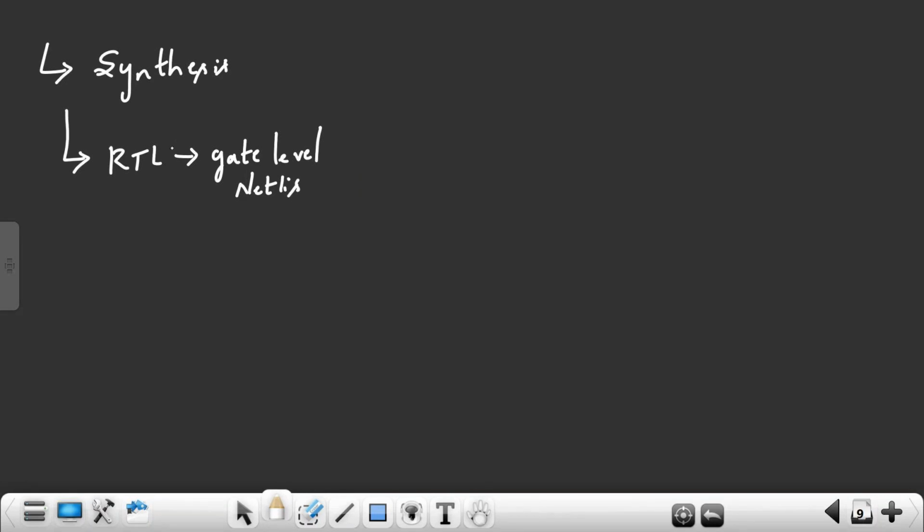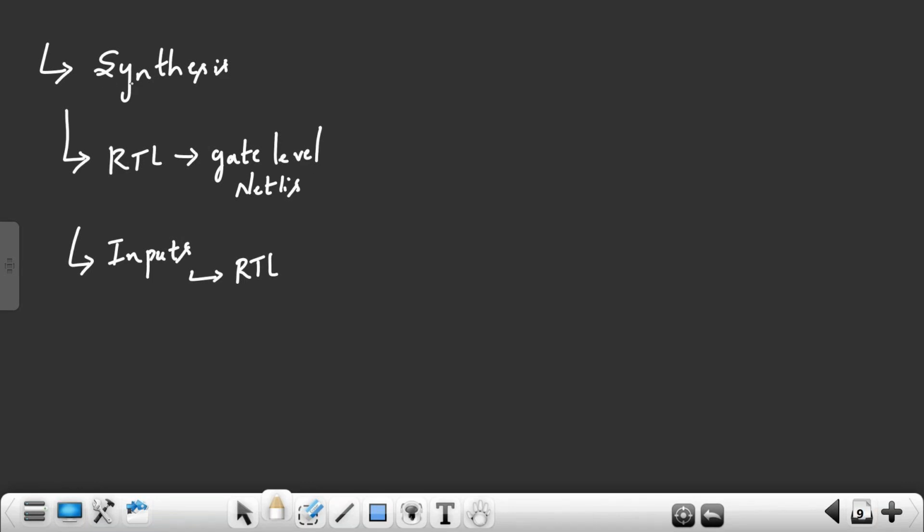You have RTL, you have to convert it into gate level netlist. So what are the inputs required for this? What are the inputs you want for synthesis? So one is RTL, because RTL only you have to convert to gate level netlist, right?